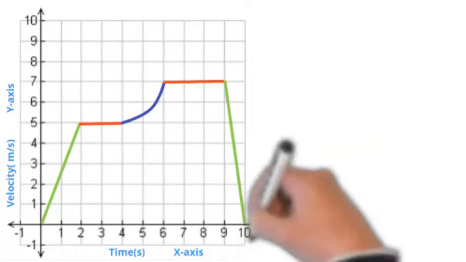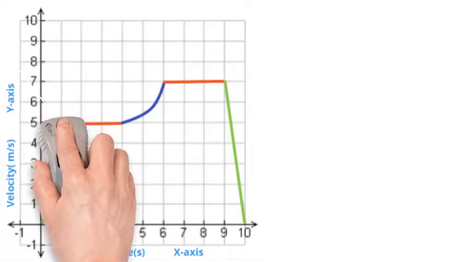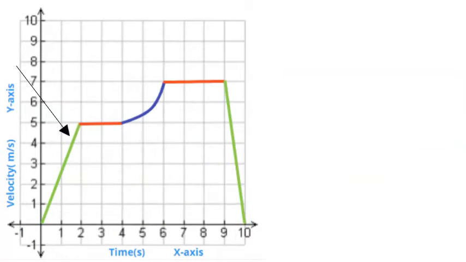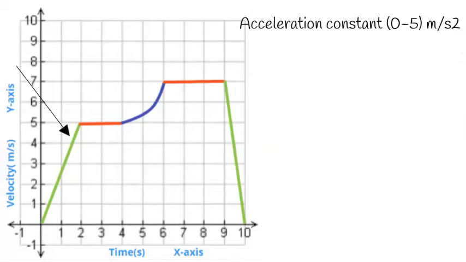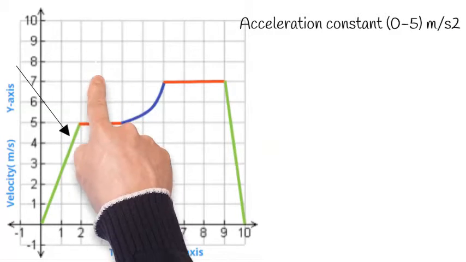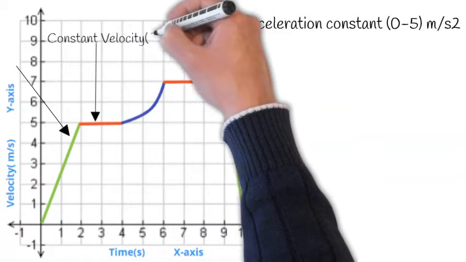Let's suppose we have a graph. On x-axis we take time in seconds, on y-axis we take velocity in meter per second. The first green line showing that from 0 to 5 meter per second, the acceleration of an object constant, meter per second square. The second red line showing that during these intervals, the velocity of the object constant.